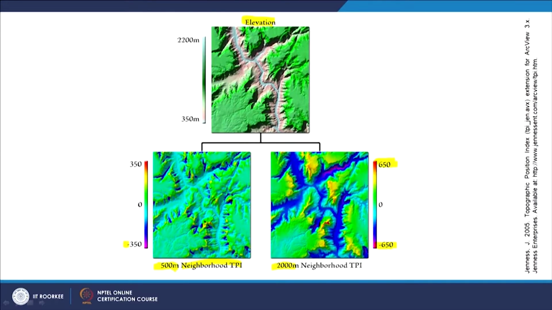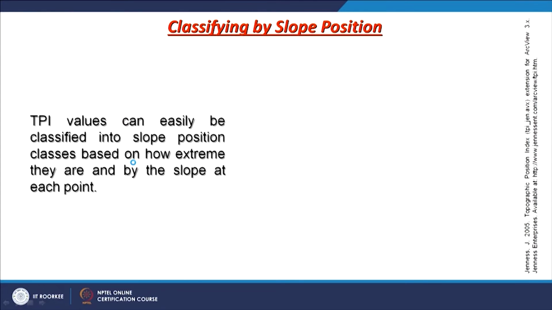Whereas if the resolution is very fine or high, like in this example relatively 500 is high resolution, in that case the TPI value will have a relatively smaller range, minus 350 to plus 350. So, that is why it is said that this TPI is completely scale dependent.